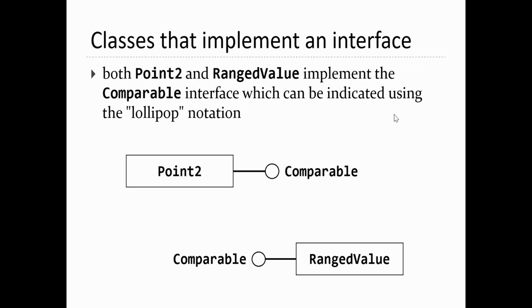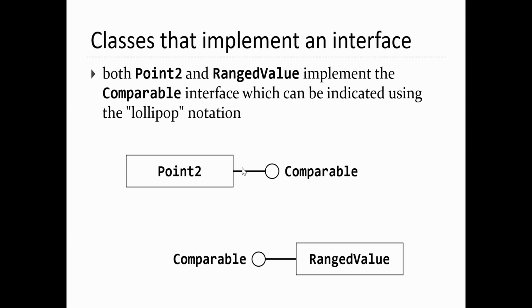If your class implements, oh sorry, I thought I struck all of these range value references, but I guess I didn't. Range values from last year. So if our Point2 class implements Comparable, so compare points by their distance to the origin, you can indicate that on the diagram. You use what's called the lollipop notation. That's the name of the interface, and then you draw a line to the box that implements the interface.